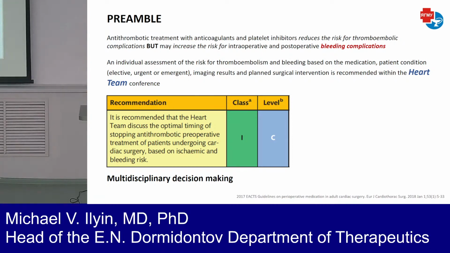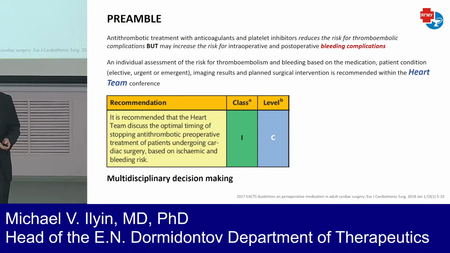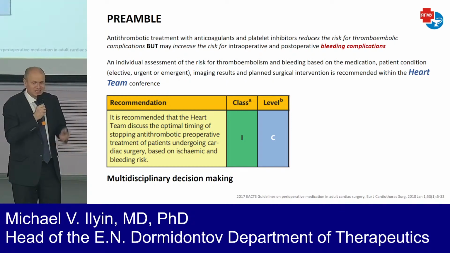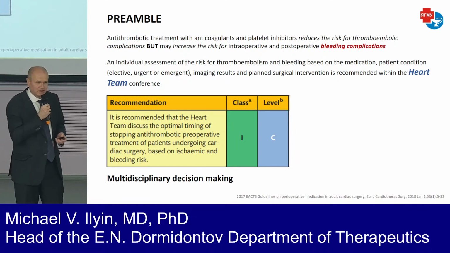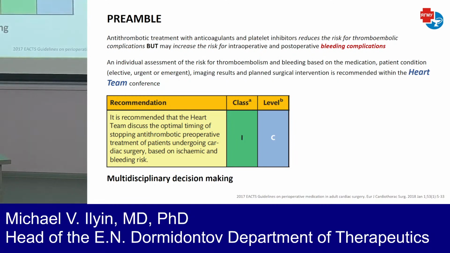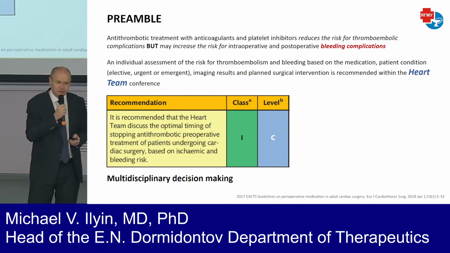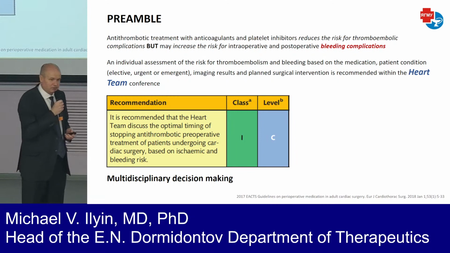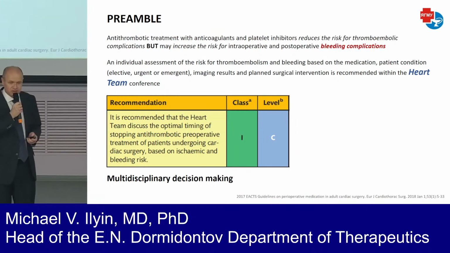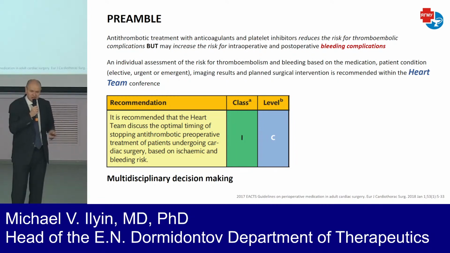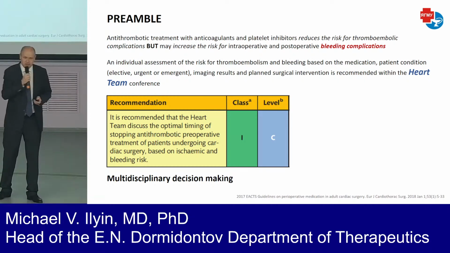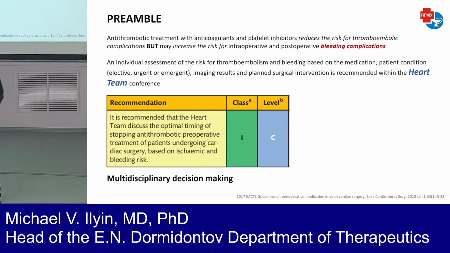Antithrombotic treatment we are discussing today, with anticoagulants and platelet inhibitors, reduces the risk for thromboembolic complications, but may increase the risk for intraoperative and postoperative bleeding complications. An individual assessment of the risk for thromboembolism and bleeding, based on the medication, patient condition, elective, urgent, or emergent, imaging results, and planned surgical intervention, is recommended within the Heart Team Conference.